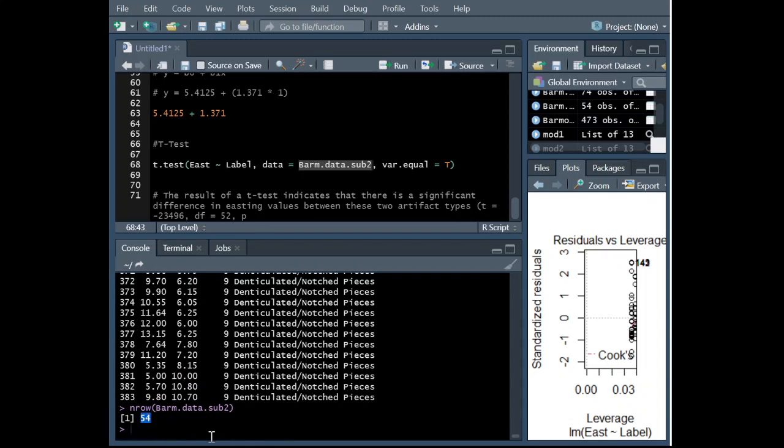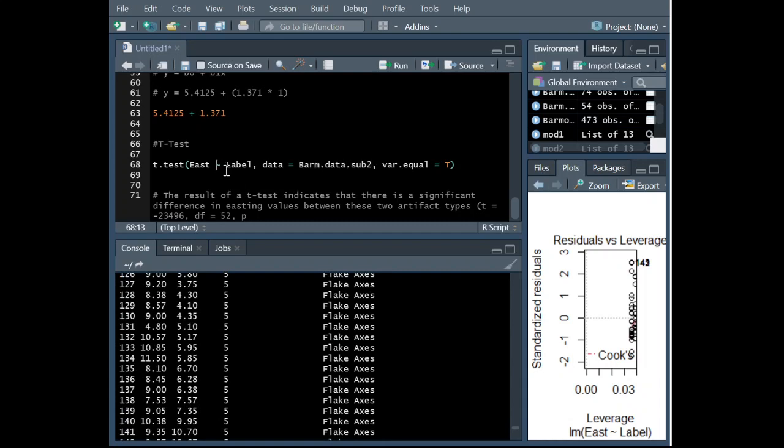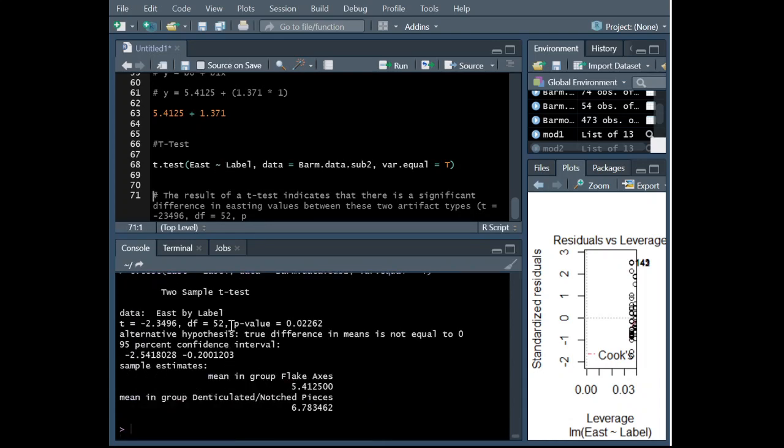It's 54. That's the number of observations we have. That's our sample size. Notice that the t-test output is showing us that our degrees of freedom is 52. That's because we've got two parameters in our model, an intercept and a slope. Those two parameters are burning a degree of freedom each. So 54, our sample size, minus 2 is 52, our degrees of freedom for this test.